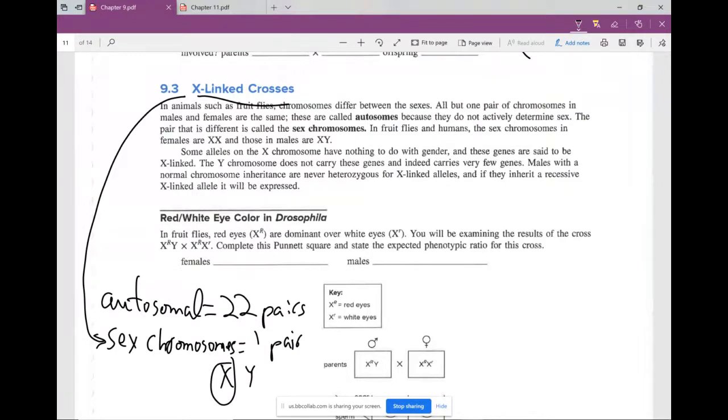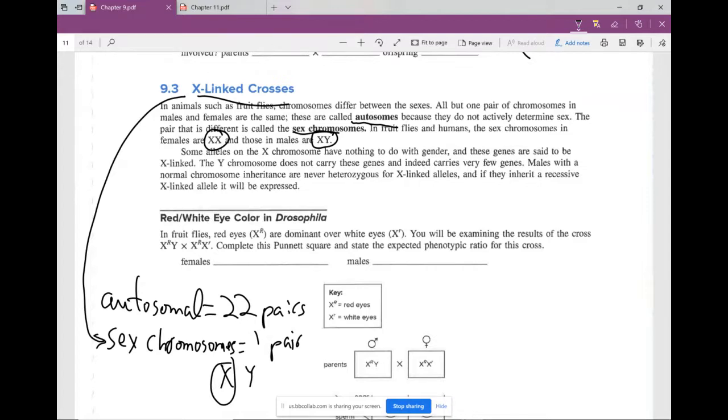For example, it doesn't really happen in plants. Like I said before, the autosomes are most of your chromosomes that have nothing to do with the expression of your particular sex. And then you have the sex chromosomes, the X and Y. If you're a female, you have 2 copies of the X chromosome, and if you're a male, you have 1 copy of the X chromosome and 1 copy of the Y chromosome.